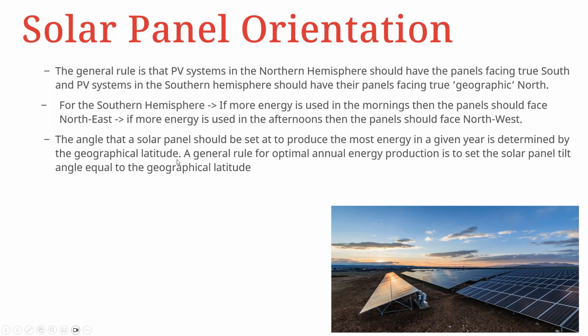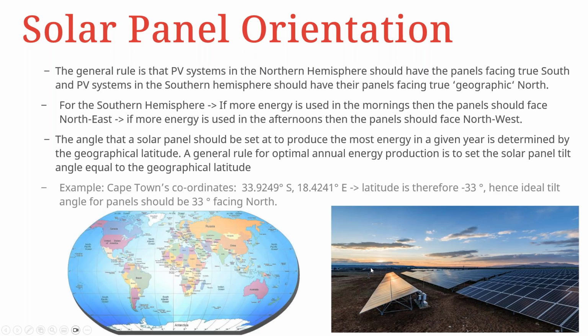But eventually the exact figure is usually not too far from the geographical latitude. So a general rule for optimal annual energy production is to set the solar panel tilt angle equal to the geographical latitude.